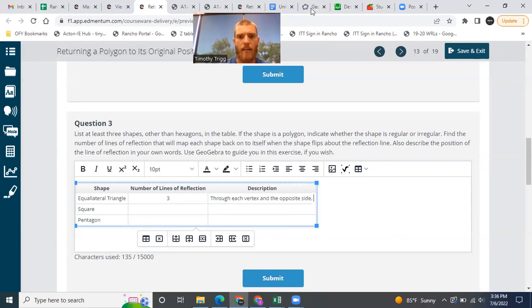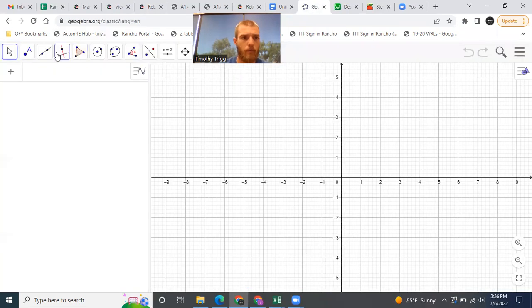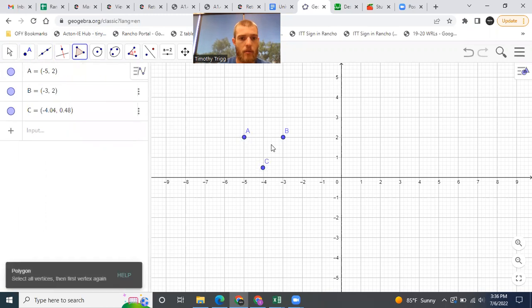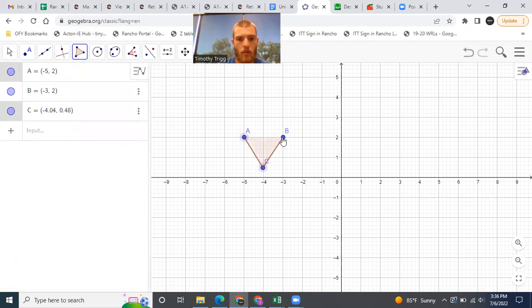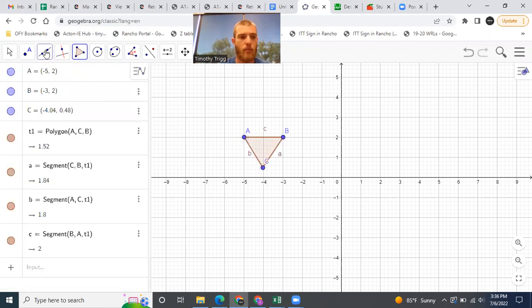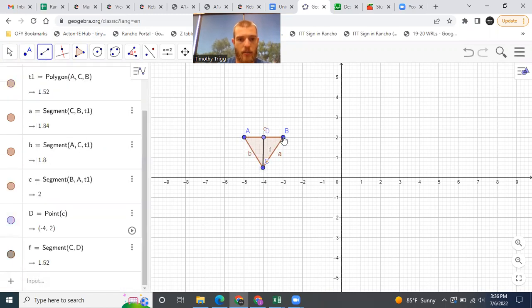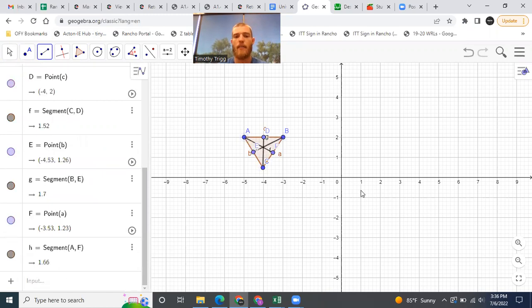If I try to draw an equilateral triangle here, it would have 3 lines of reflection, and they would go up like this, one like this, one like this. Okay, so that would have 3 lines of symmetry there.